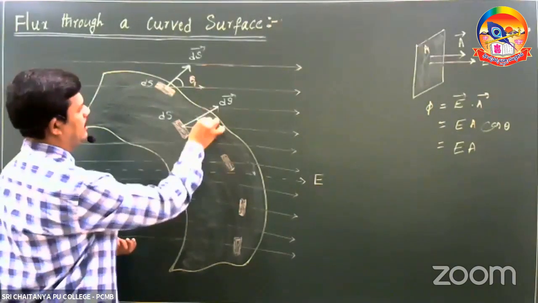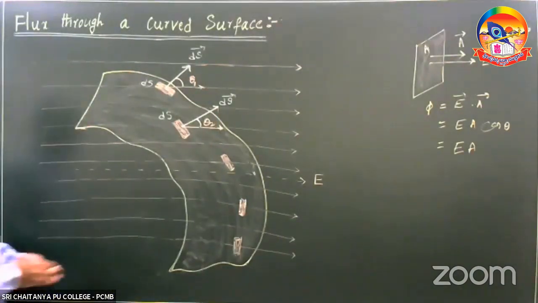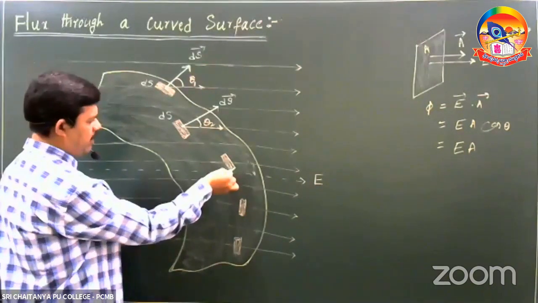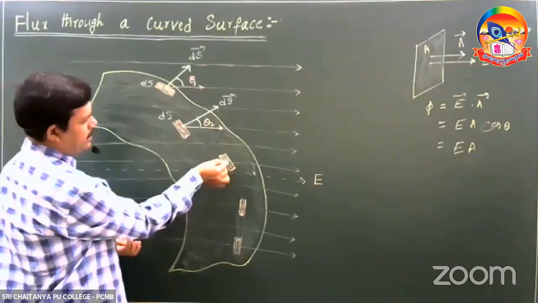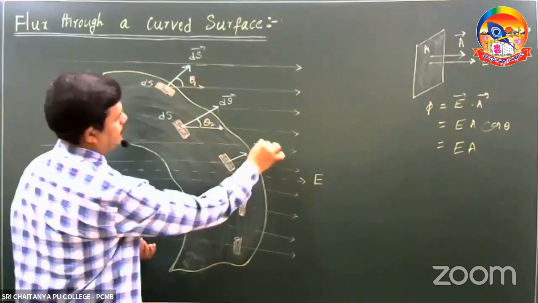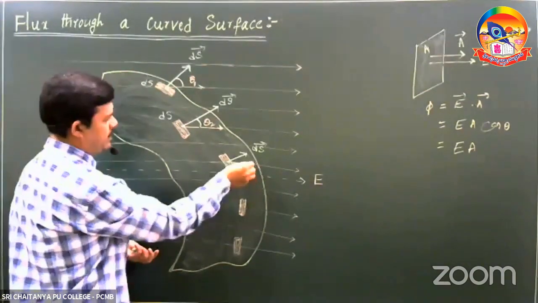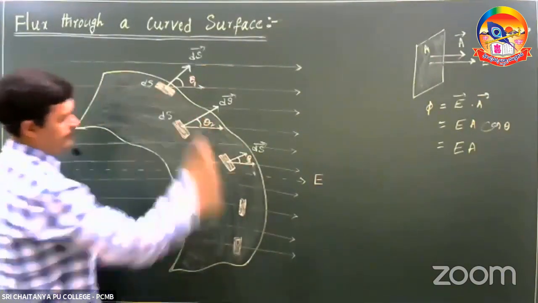See the angle? Theta 2. And come here, another small element I took on the same curved surface. Here the area vector is like this. This is the field vector. See the angle? Theta 3.